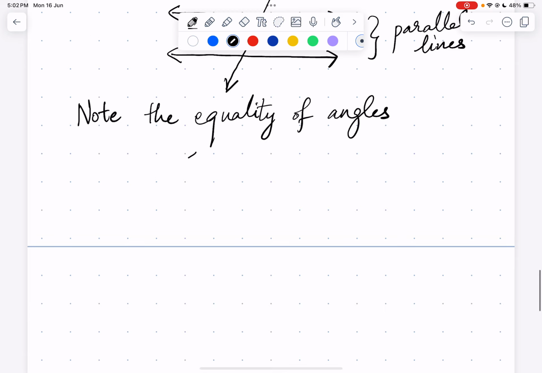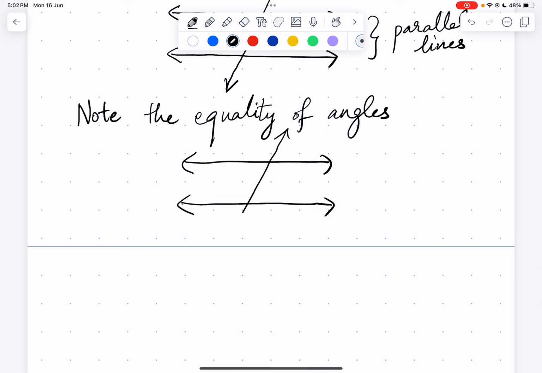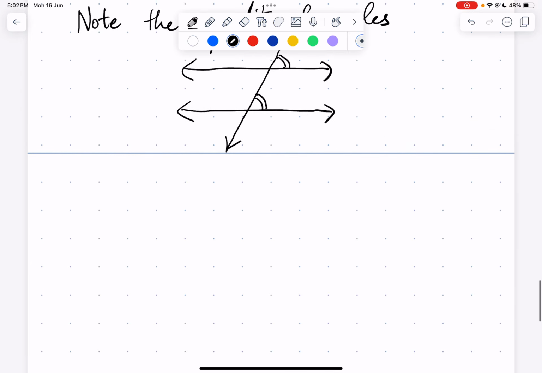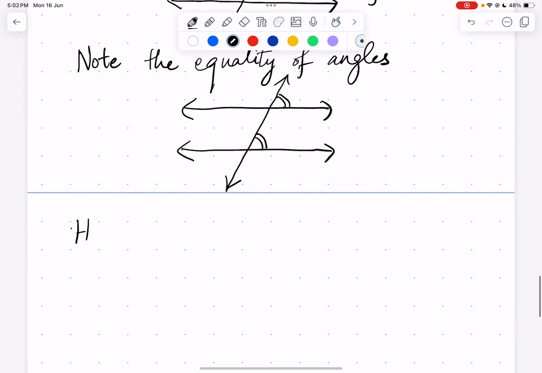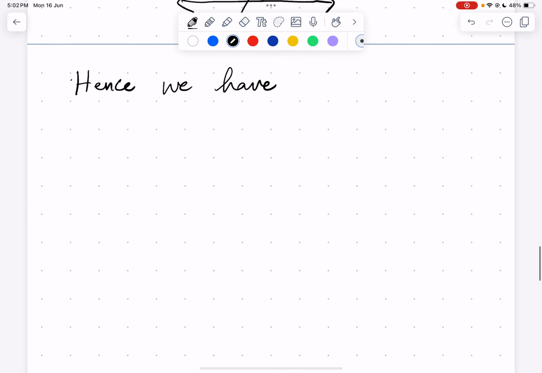So, we have two parallel lines and a line cutting through both of them. So, we have equality of these two angles, right? Intuitively. So, these two angles are equal, hence we in fact have this.